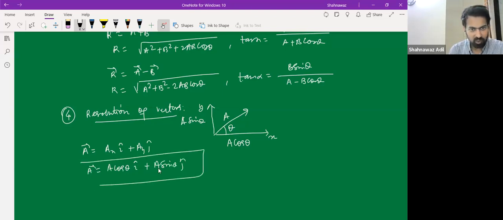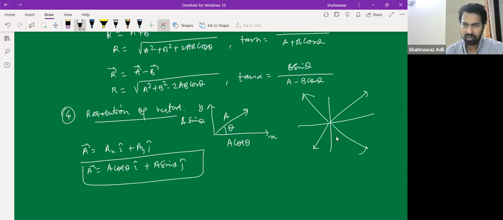So I gave some question on this resolution of vector, guys. So did you guys do that problem? You had so many vectors. These kinds of vectors were there, and I asked you to calculate what is OP plus OQ plus OR, something like OS.